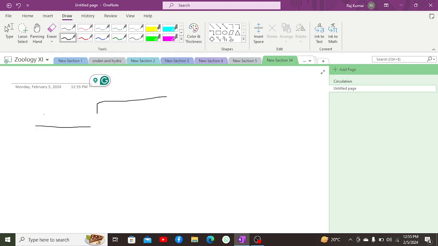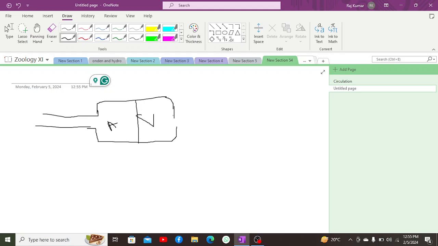The system can be explained in such a manner that, let's suppose this is the sinus venosus, and the blood comes into the two chambered heart. These are the two chambers. Let's suppose this is the auricle, this is the ventricle, and this is the sinus venosus.